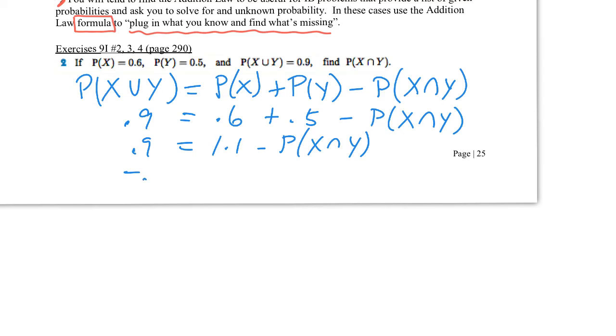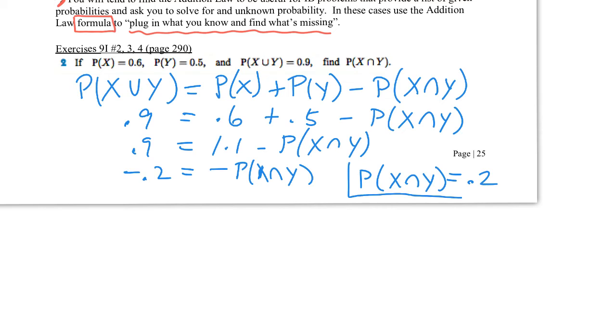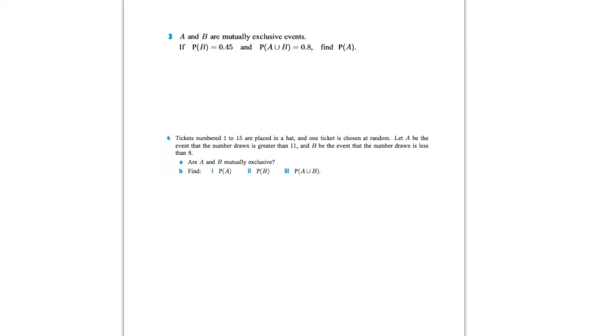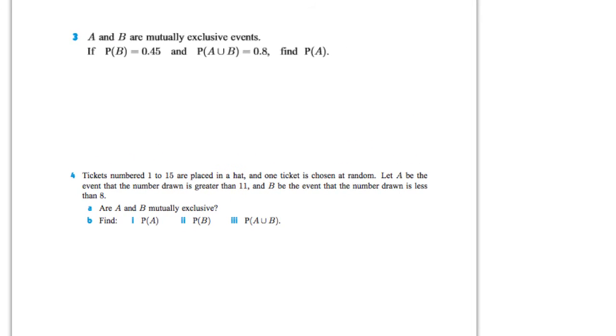So negative 0.2 equals negative P of x intersecting y. When we solve, we get the probability of x intersecting y simply equals 0.2. Flipping the page, a couple more problems to practice this idea.